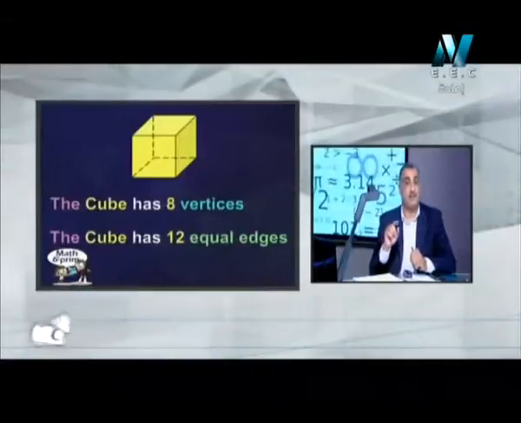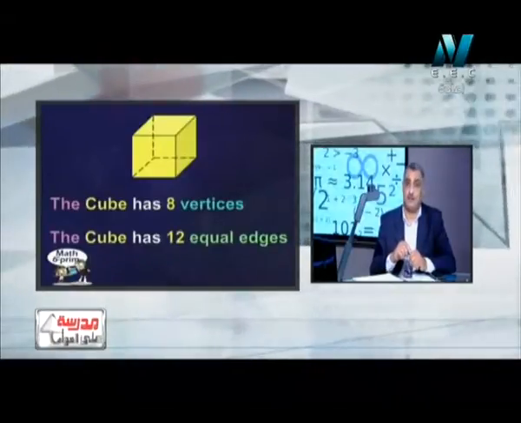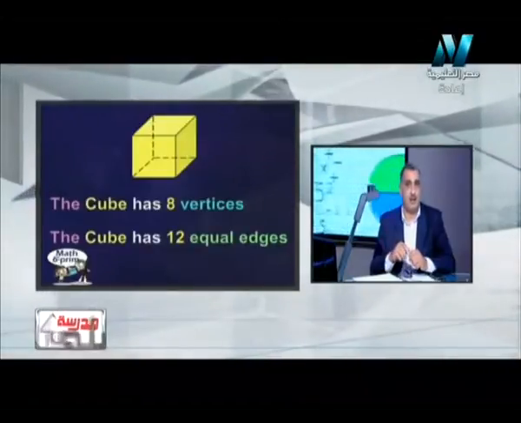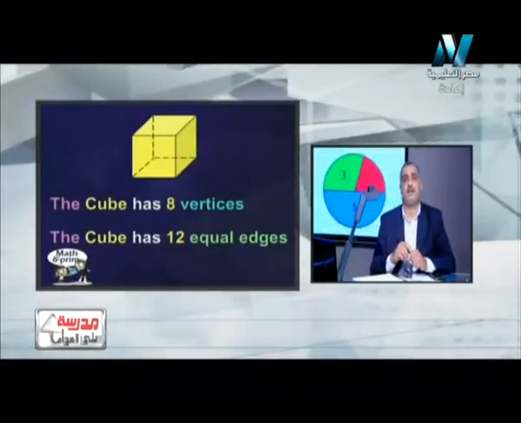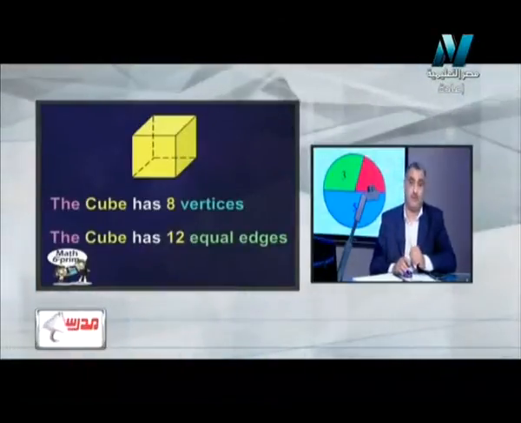So we have the same number of vertices, 8, in a cube and in a cuboid, the same number of edges, 12, and the same number of faces. The cuboid has 6 faces and the cube has 6 faces, but what is the difference between them? Each face in a cube is a square, but each face in a cuboid is a rectangle. It's the only difference between them.